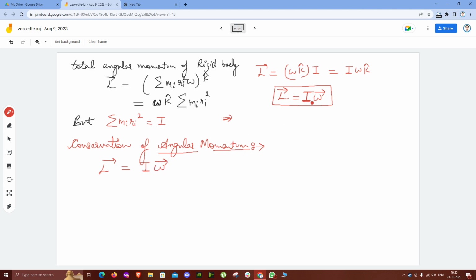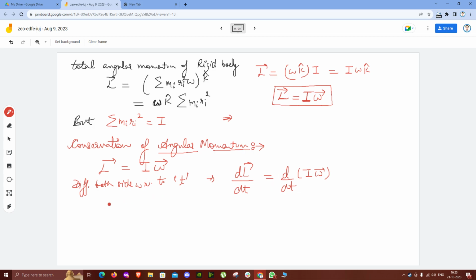Now differentiate both sides with respect to time. We will get dL by dt equals d by dt of I omega.